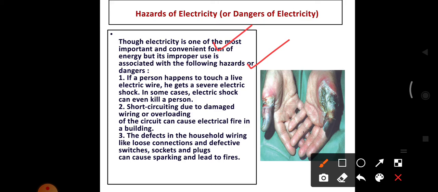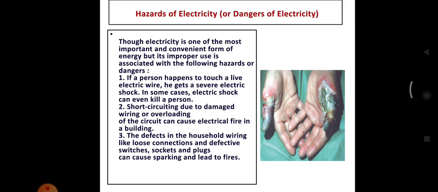If a person happens to touch a live electric wire, he gets severe electric shock. In some cases, electric shock can even kill a person. So you should never touch the live wire because it carries 220 volts. Once you touch the live wire, you get severe electric shock, or it can even kill a person.